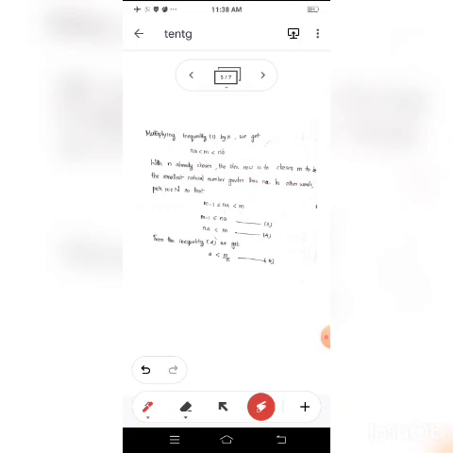From this choice, we can write two inequalities. First, m minus 1 less than na, and the second, na less than m.